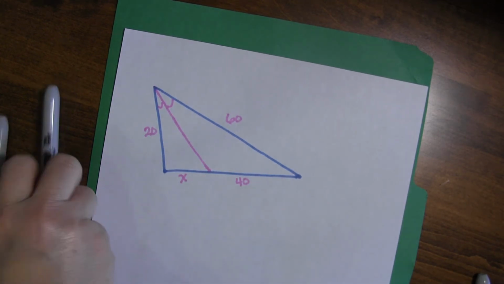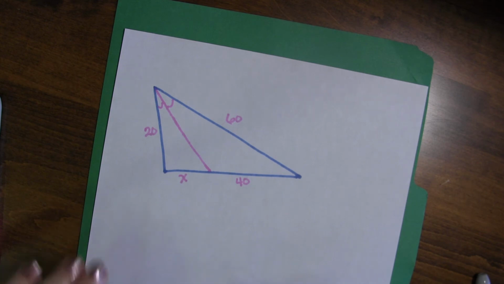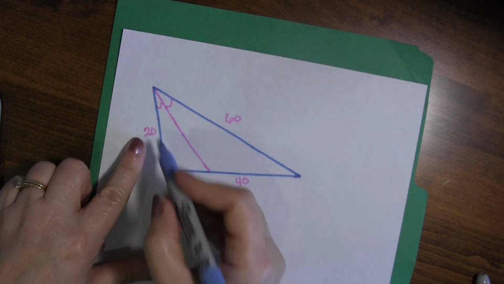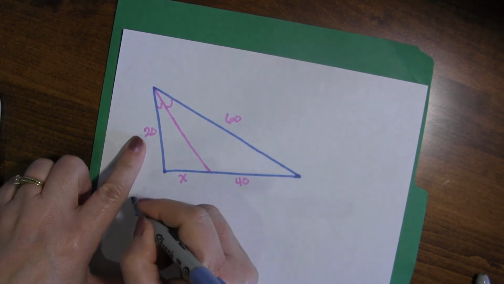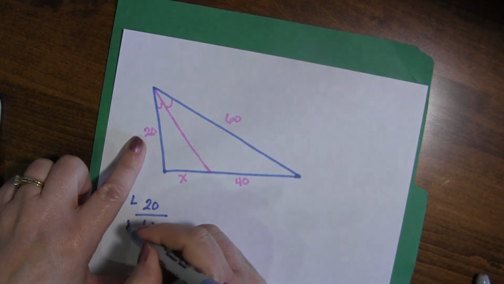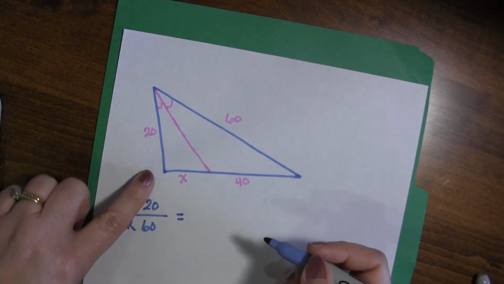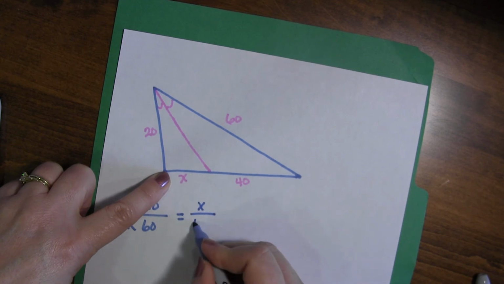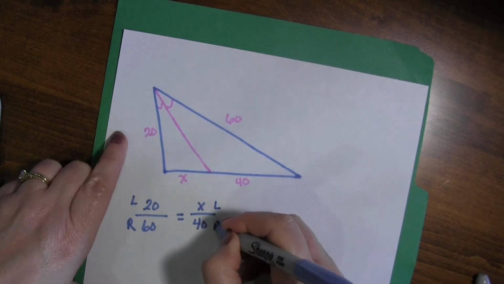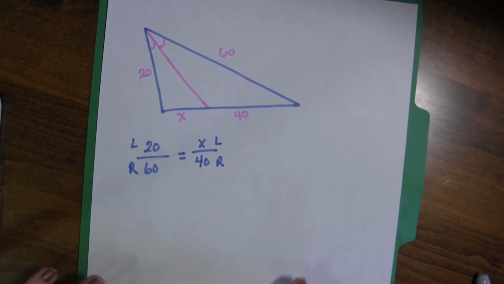Can we figure that out? Well, of course we can figure that out. So I'm going to say, okay, so 20 divided by 60, that's my left triangle divided by my right triangle, is going to equal my left base divided by my right base. Left, right, okay? All right, let's do this math.